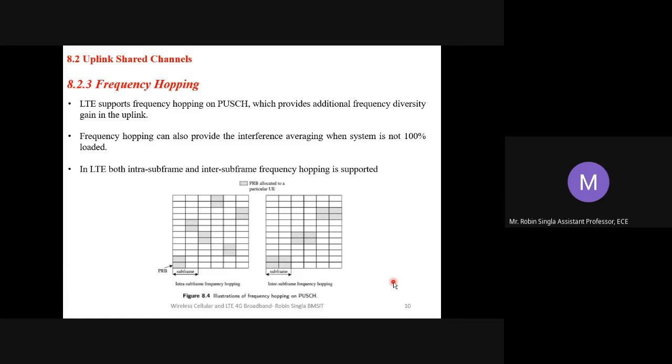I will repeat this statement, as it is a little confusing. In intra-subframe hopping, the user equipment hops to another frequency allocation from one slot to another within the same subframe.